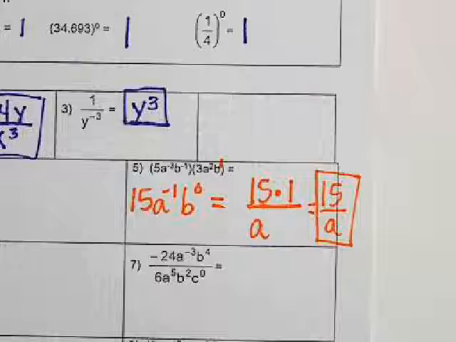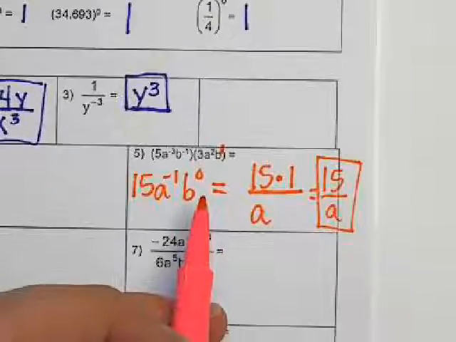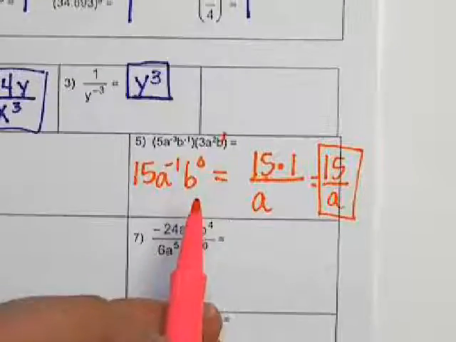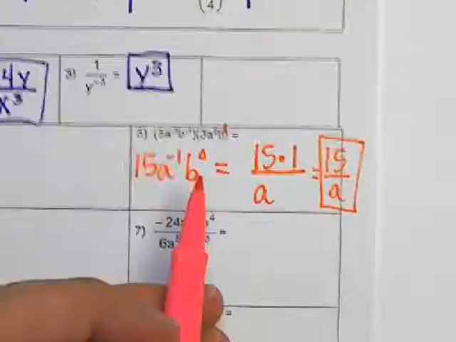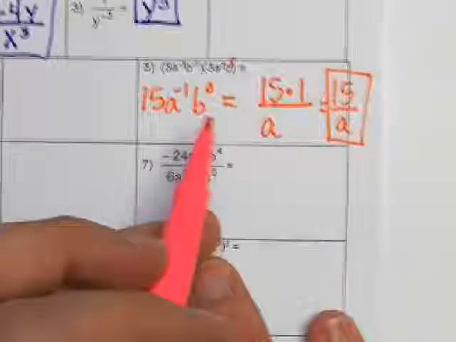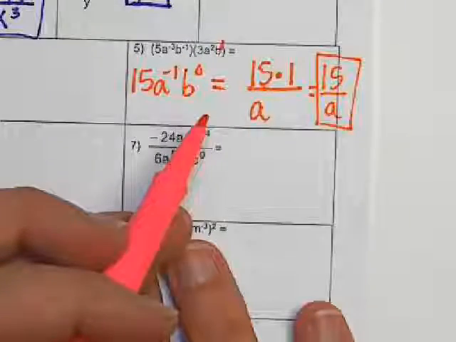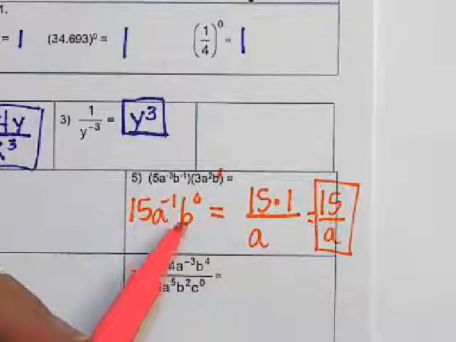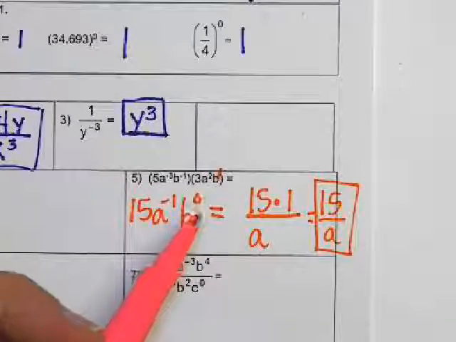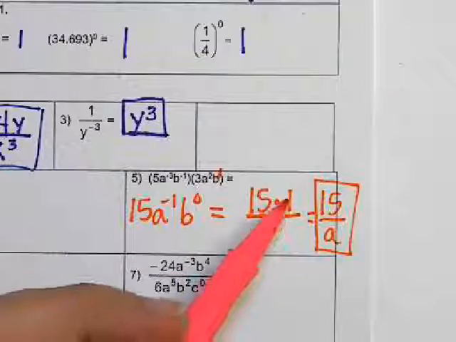Now, I'm going to show you a trick. Anytime you have a letter or a number to the 0th power, look up here. See this b to the 0th power? What did it give me? A 1.